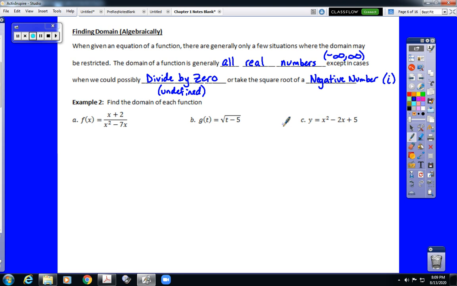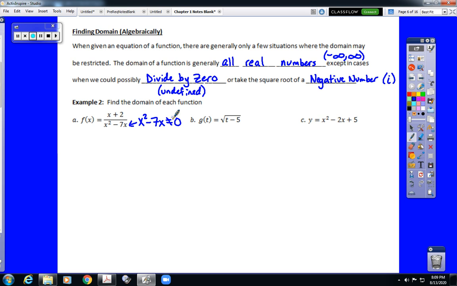It's an imaginary number. So when we're asked to find the domain of each function, essentially what we're doing is we're trying to figure out what values we are not allowed to use. Okay? So in the case of a rational expression, what we're going to do is look at the denominator and think to ourselves, x squared minus 7x is not allowed to equal 0.